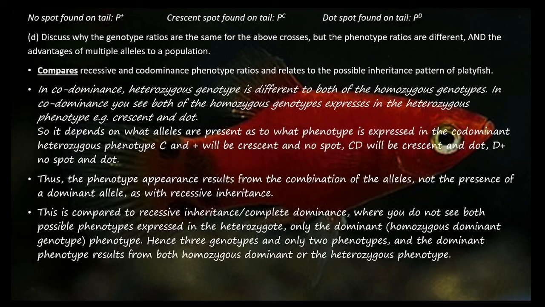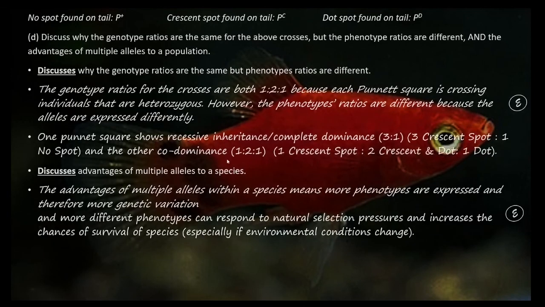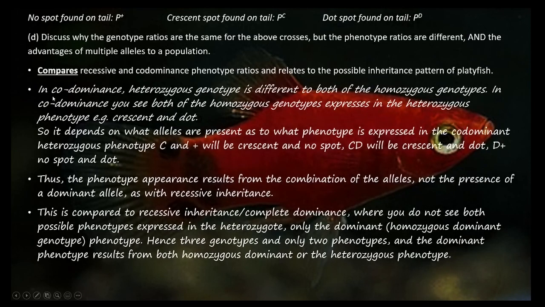Okay, then we move on to the third part. Remember they said here, talk about the advantage of multiple alleles, but also compare recessive and codominance. So over here we haven't compared them yet, we just discussed them, and now we're going to compare them.